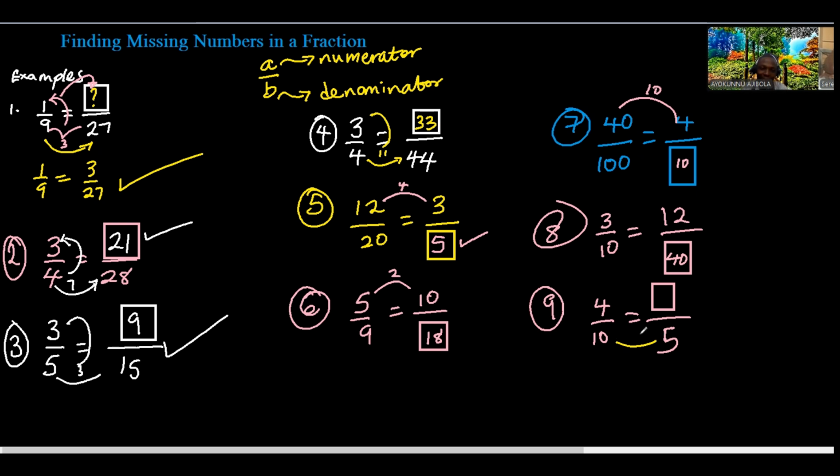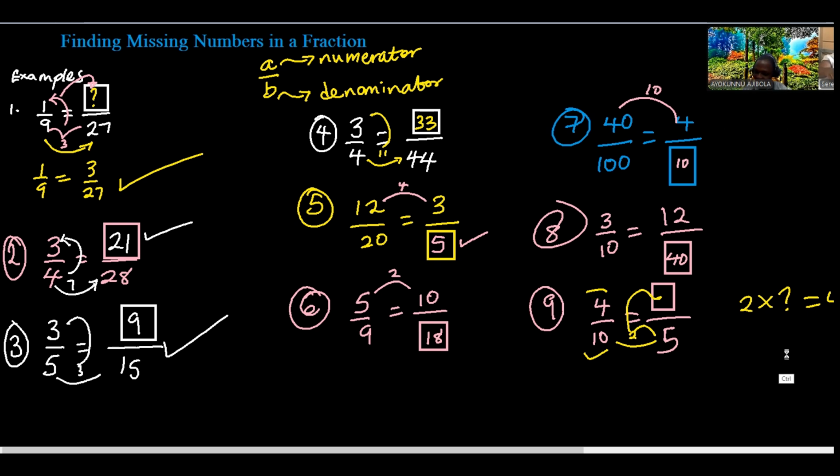2 times 5, the 2 in the middle times 5 is 10 here. So 2 times what is 4? 2 times something equal to 4. What is that something? 2.